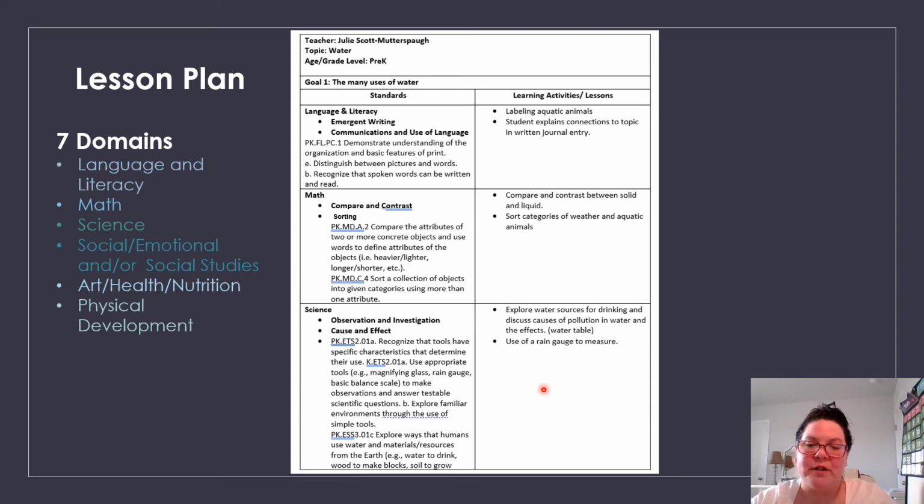And then we also would do observation and investigation through use of a rain gauge to measure. We'd be measuring rain gauges and using that to investigate how much rain comes during a day if it's raining. So that would be a really fun activity to do.